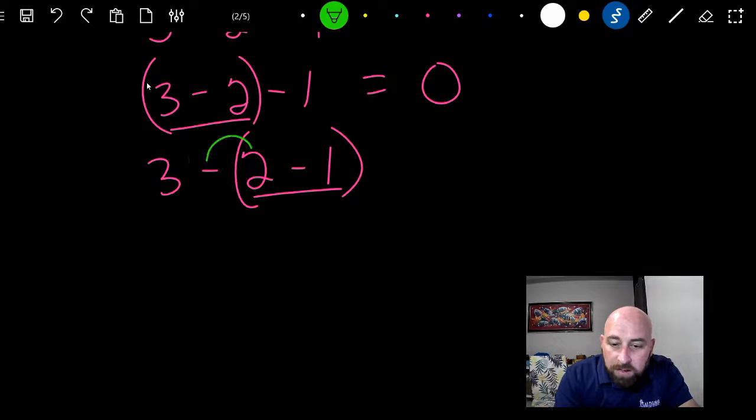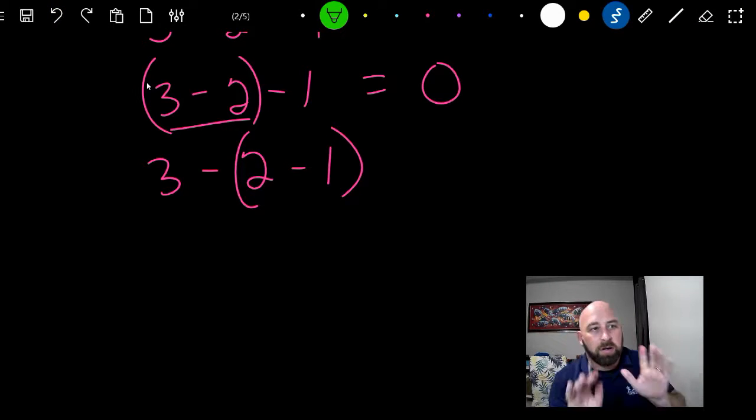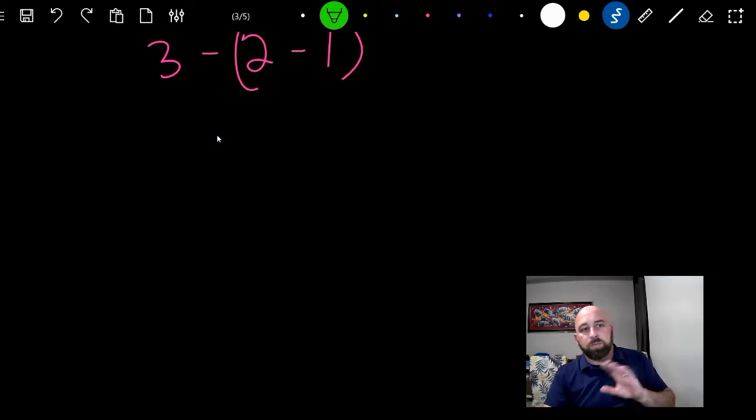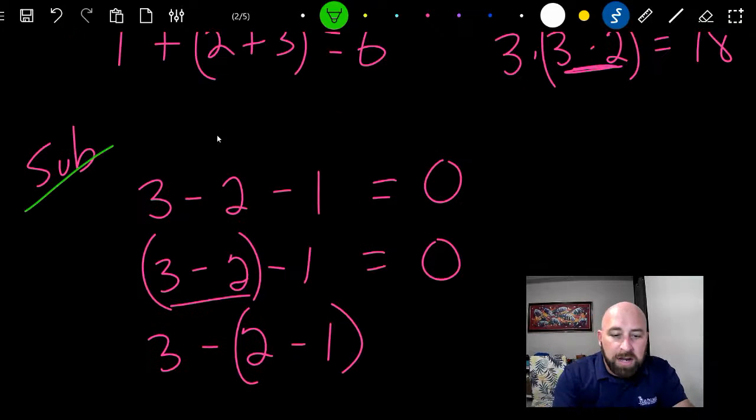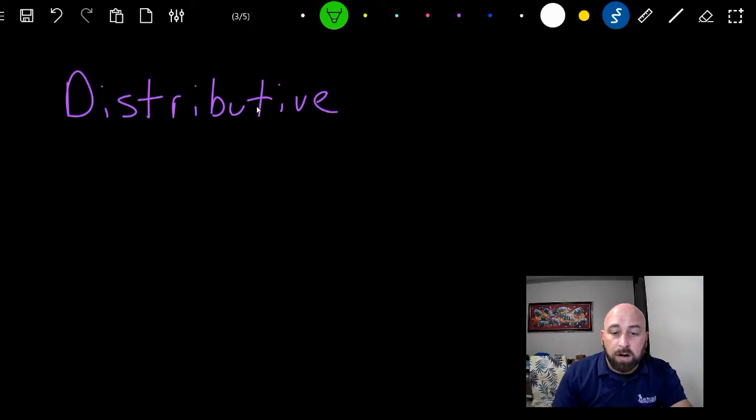If we distribute the minus sign, then we can actually make this work out better. Well, let me save that. I'm going to save it for distributing. I don't want to get ahead of myself. I want to explain what distributing is. So subtraction doesn't work, and division, I won't take the time, but it does not work either. Okay. All right. So distributive.